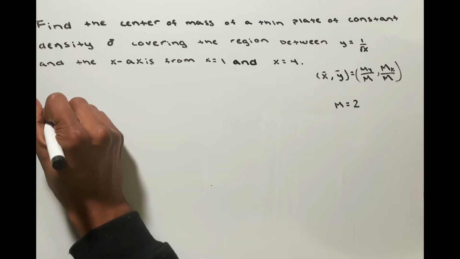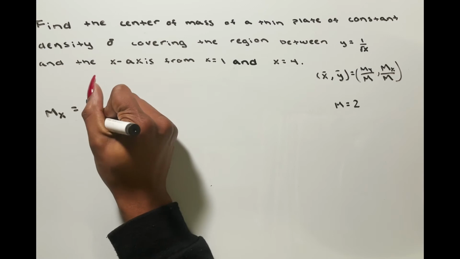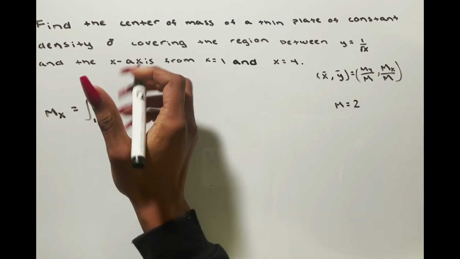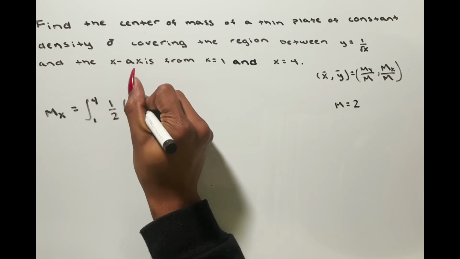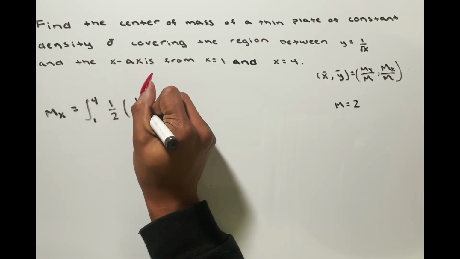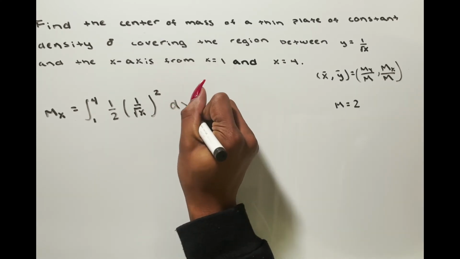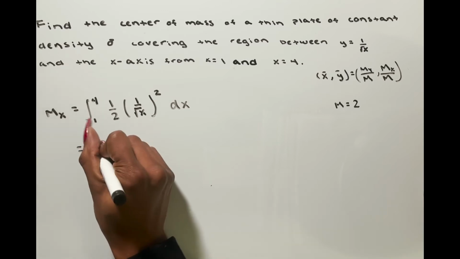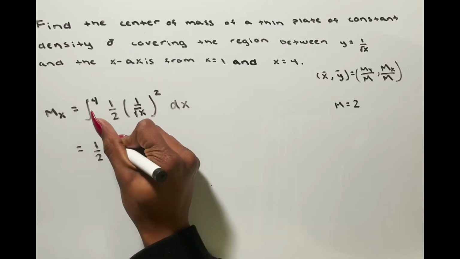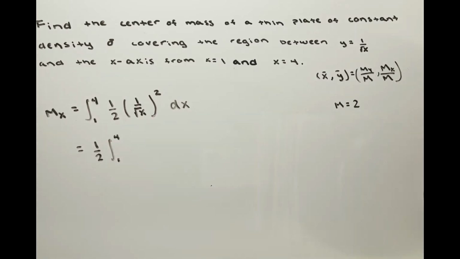We'll move on to finding m sub x, which is given by the integral from 1 to 4 of a half times our original function, which is 1 over the square root of x, squared. We'll start by moving the constant to the outside of the integral, so moving the half to the outside, replacing our bounds.